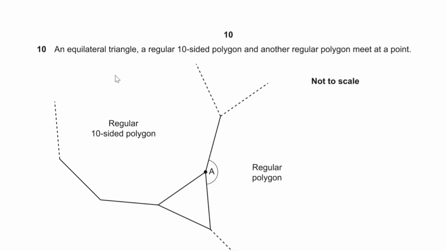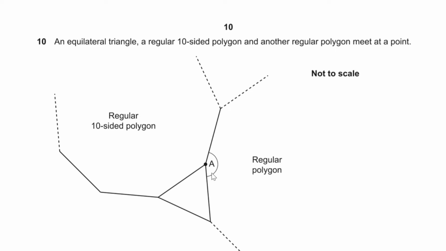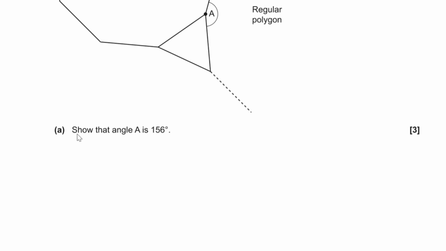Question number 10. An equilateral triangle, a regular 10-sided polygon, and another regular polygon meet at a point. And that's what we see here. Now, for part A, we have to show that angle A is 156 degrees.